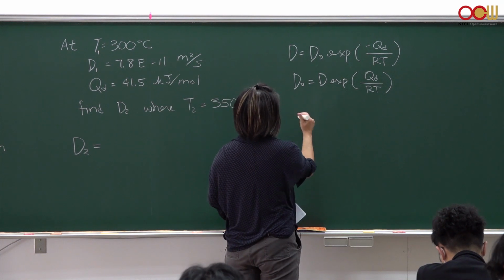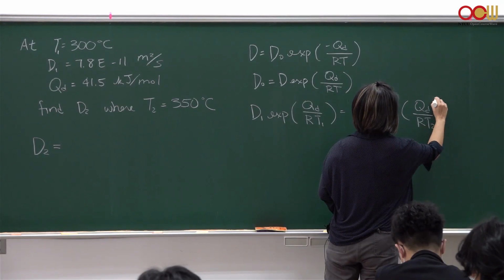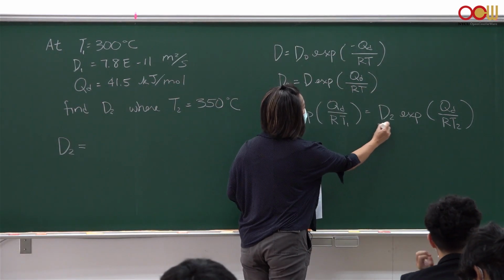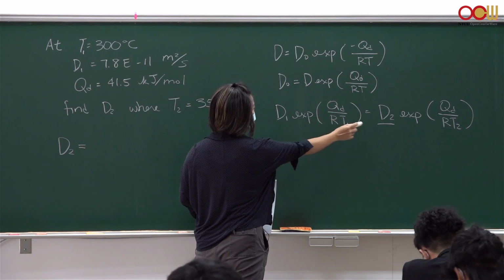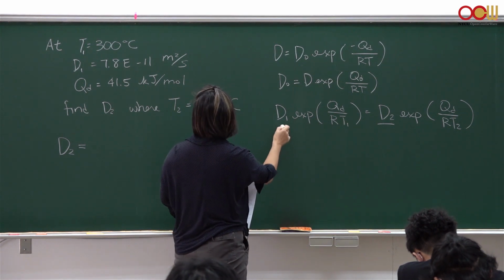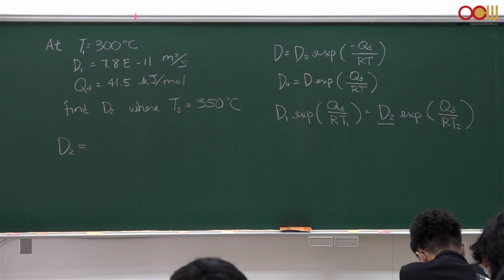And if D0 is constant, then I know that D1 equals D2. I'm trying to solve for D2. I have the temperature. I can look up R, it's a gas constant, and D1. So I should be able to solve for D2, right? I have everything I need.